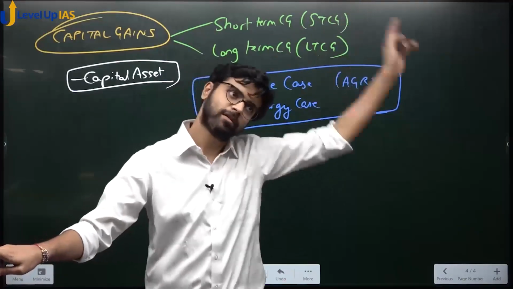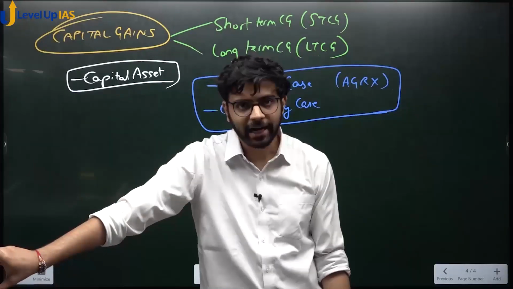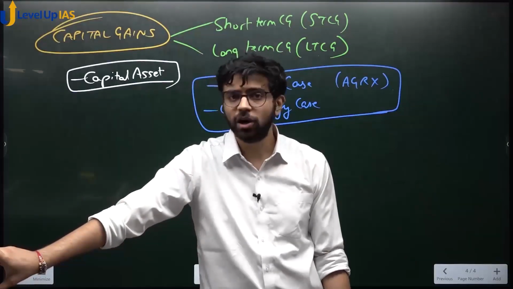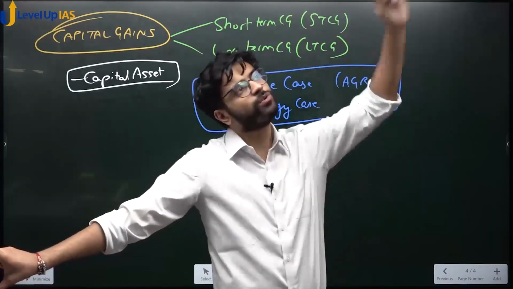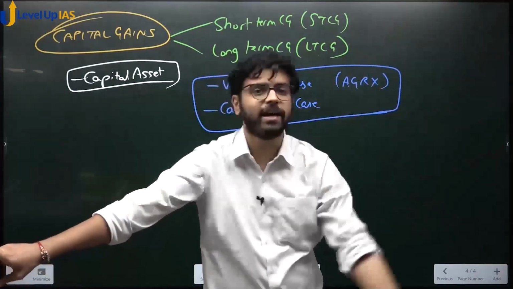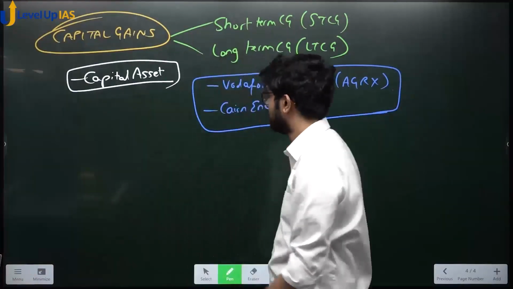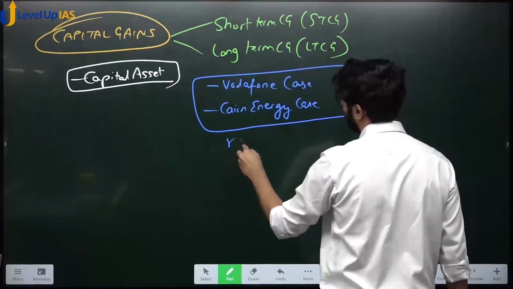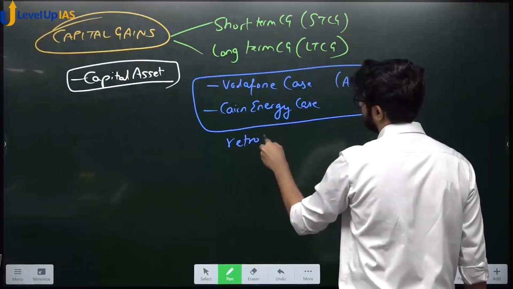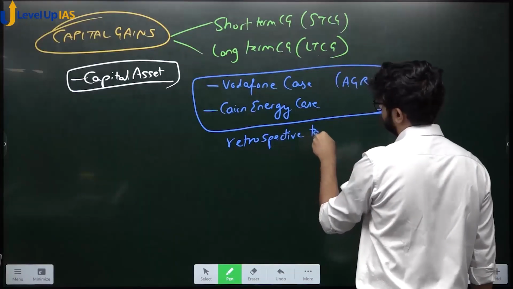Retrospectively पहले से tax होगा. So all those people who had engaged in that activity or who had that type of income, even though it was legally not taxed earlier, now we are saying कि since 2 years, since 3 years, since 10 years we will tax you. That is called retrospective taxation. तो इन दोनों में similar problem है, read about them, but if you don't understand then just forget.